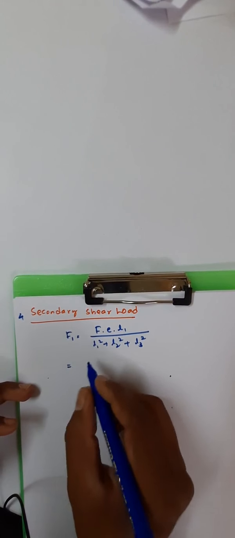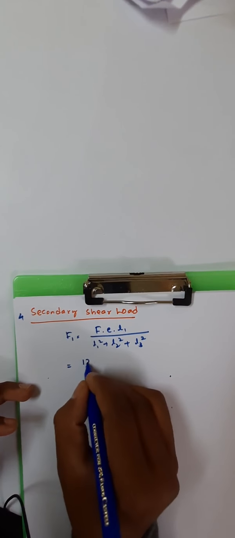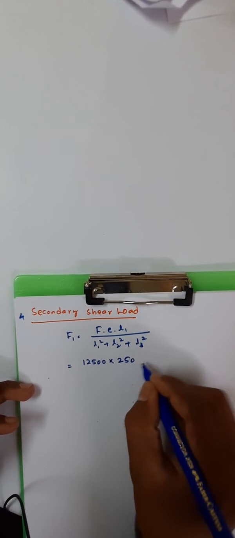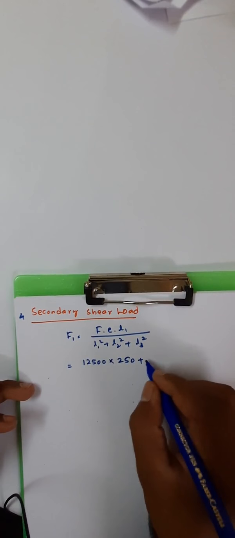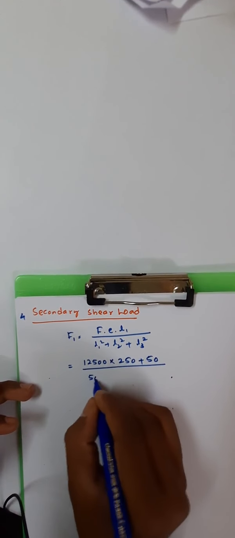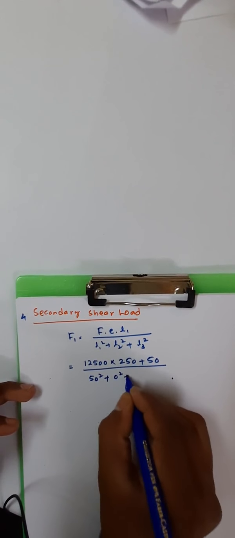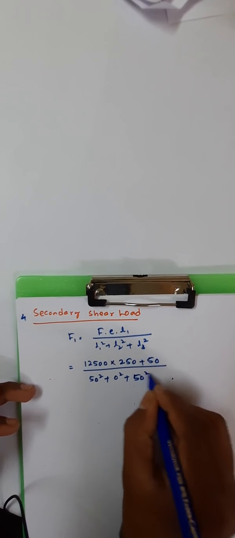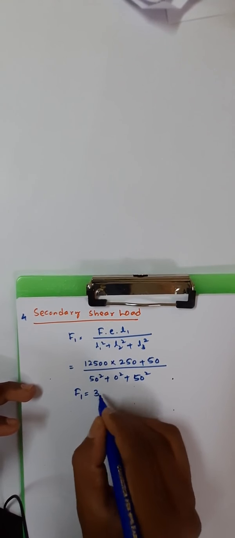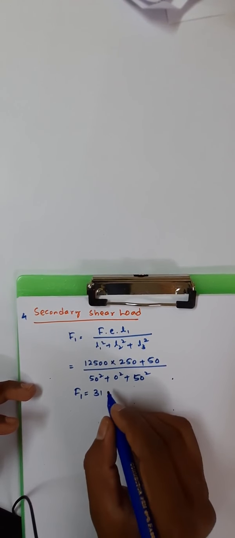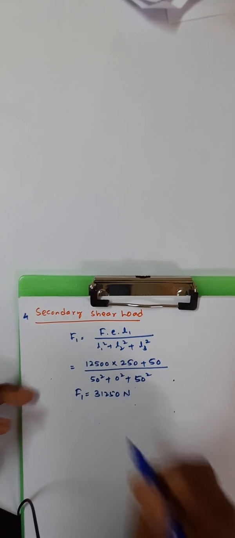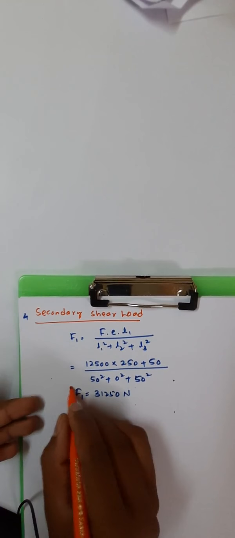If we substitute the values, we know F is 12,500, e is 250 plus 150, divided by 50 square plus 0 square plus 50 square. If you simplify this, F1 is equal to 31,250 newtons. This is the value of F1.